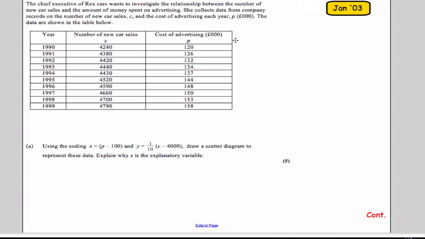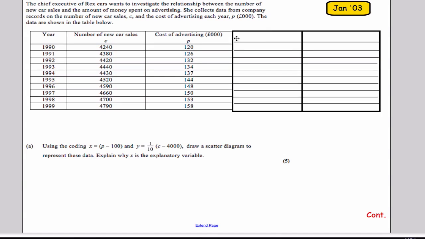So I'm just going to pause the video and build up a table over here on the right. Okay, so the table is complete and we're going to work out x, which is equal to p minus 100 for each one, and y is going to equal 1 over 10 times c minus 4000. So we're going to start to fill in the values here.